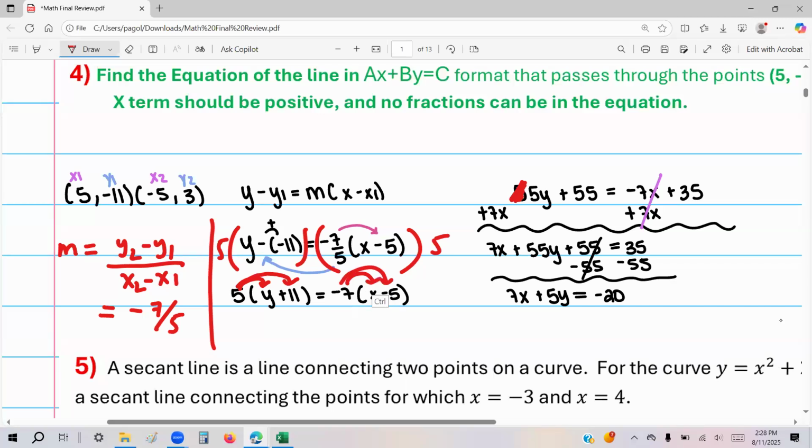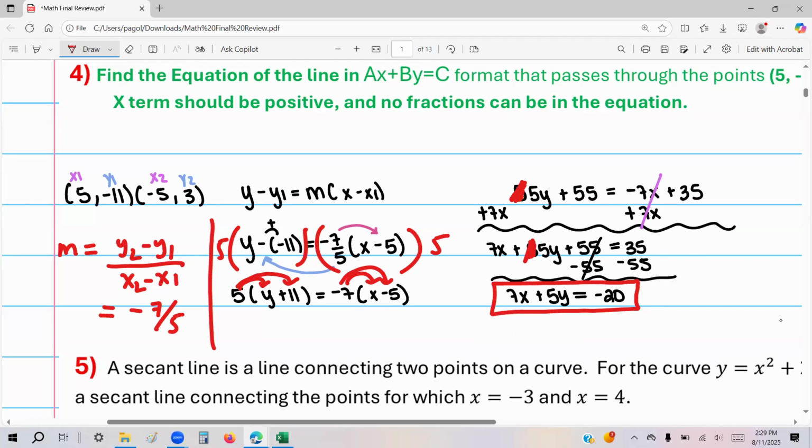Negative 7 times negative 5 is positive 35. So you have a mistake. You add 7x, so it's 7x, 5y plus 55 equals 35. And then you subtract 55 from both sides, so you get 20. So final answer is correct, but in the middle, it's wrong.